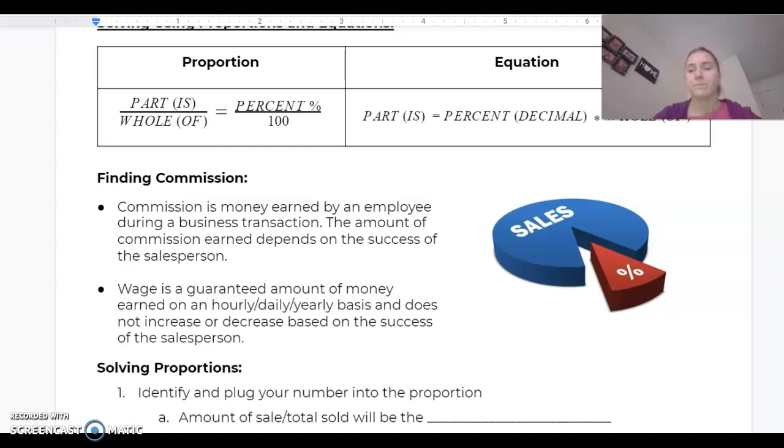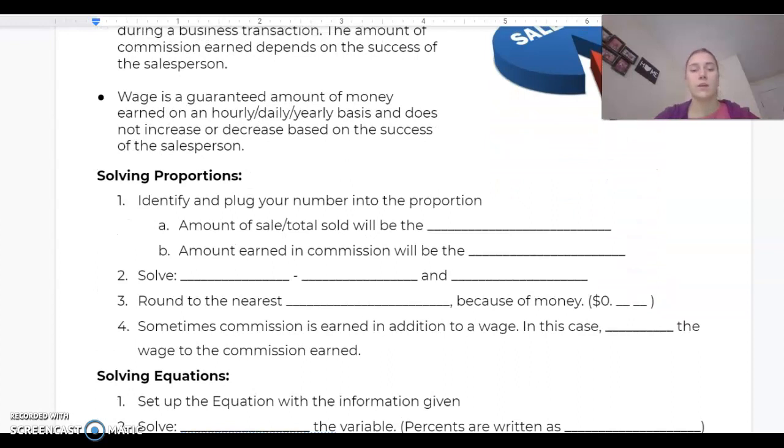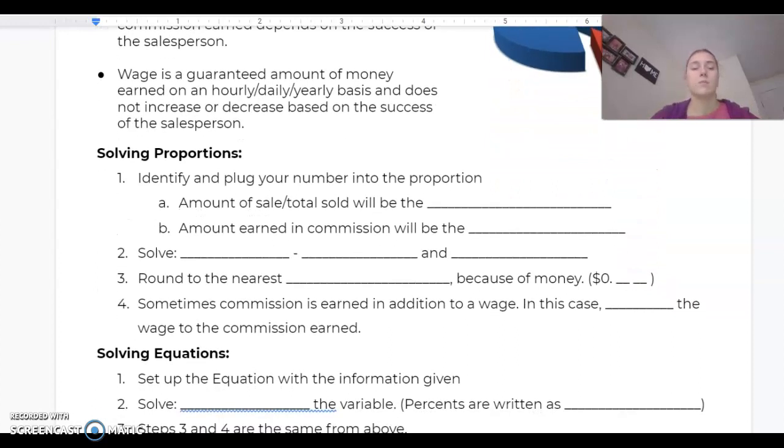Okay? So now we're going to move down to the steps in solving to find the commission if you're using proportions. All right, so first what you want to do is identify and plug your numbers into your proportion.